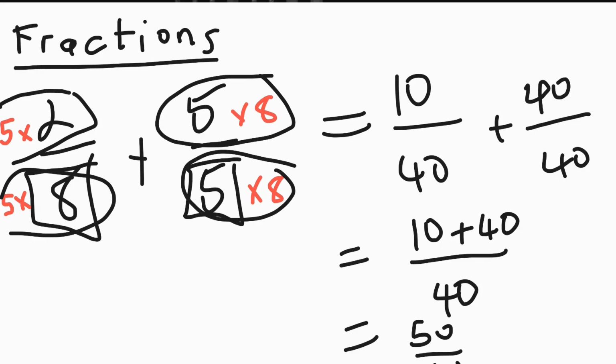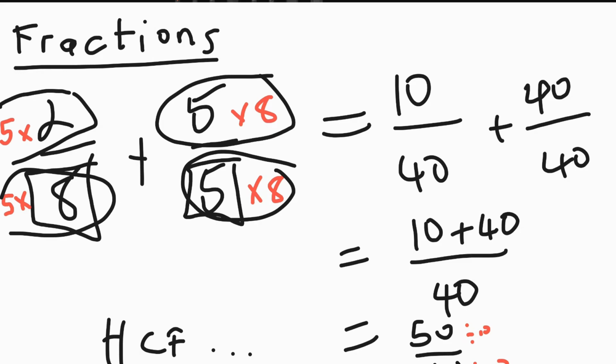And what we need to do is we need to find our HCF, okay? Our highest common factor. Right, so what will my highest common factor be in this case? Your highest common factor is going to be 10. So we're going to divide both our numerator and denominator by 10.